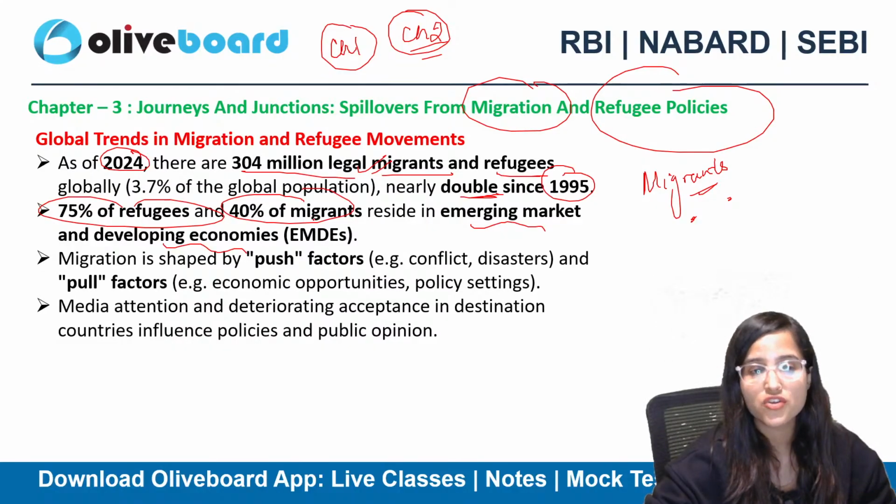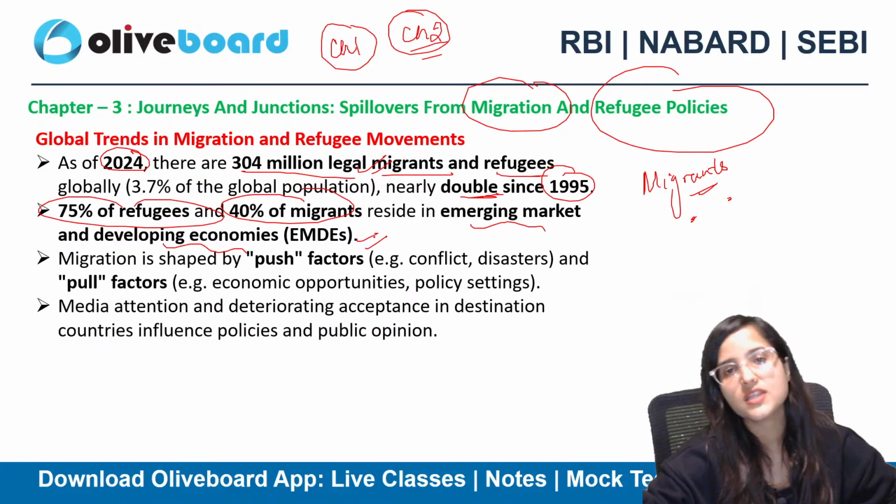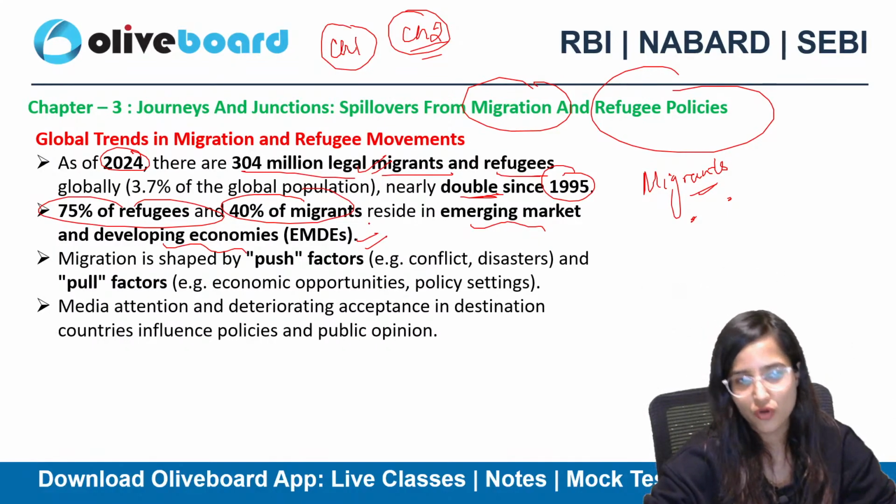So 75% of refugees, 40% of migrants. So you can see that maximum they are living in these emerging market and developing economies.